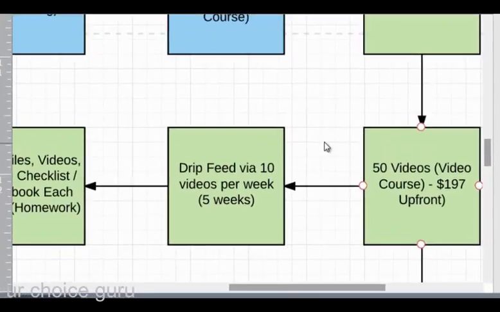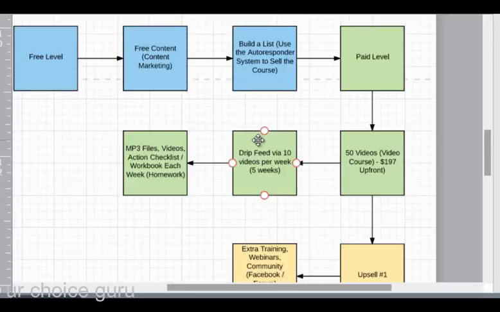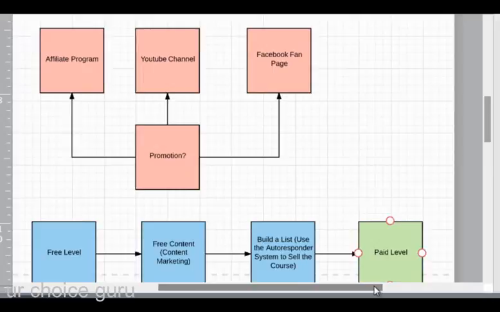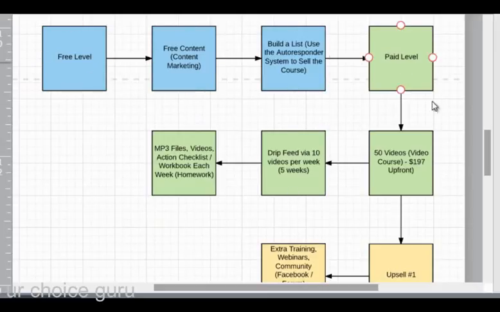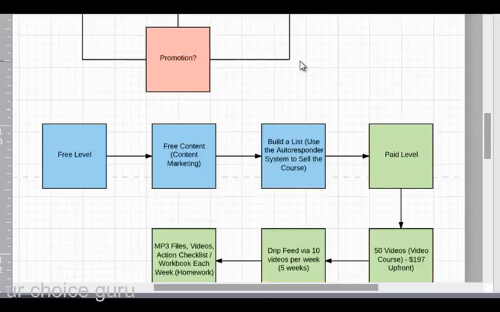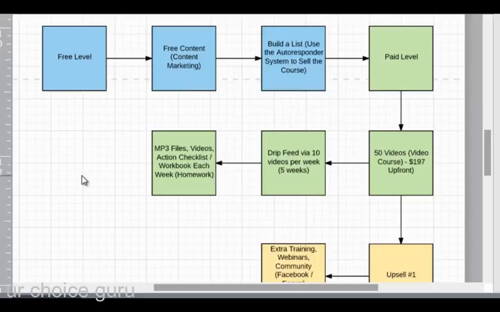Okay, so now as you can see, I'm going to zoom in a little bit. You can see that we have essentially set up a blueprint. Of course, we can add to this as we go, but this is the general thing that you want to have in hand. Now you can see, okay, I've got a free level, free content marketing, I got to build a list. Obviously, inside of these, you're going to need to figure out, what autoresponder am I going to use?